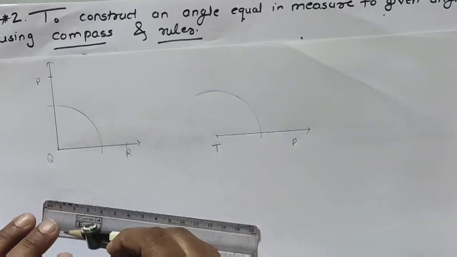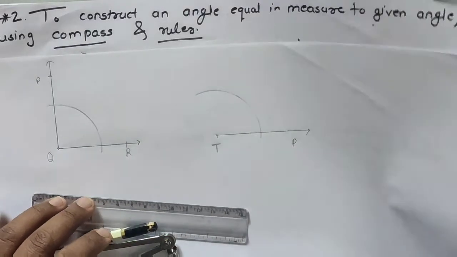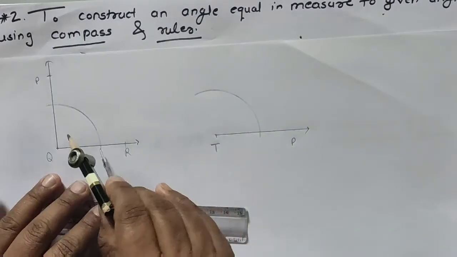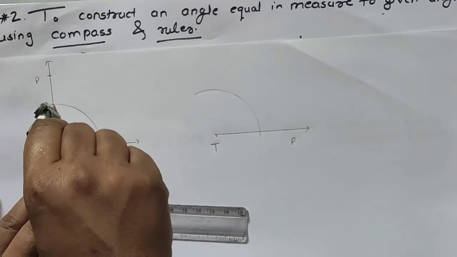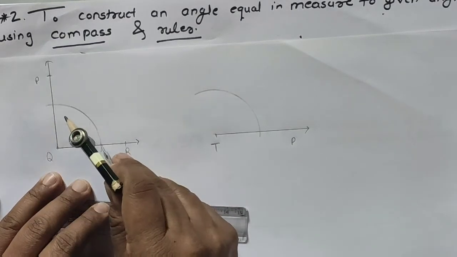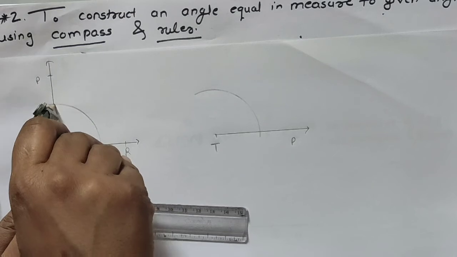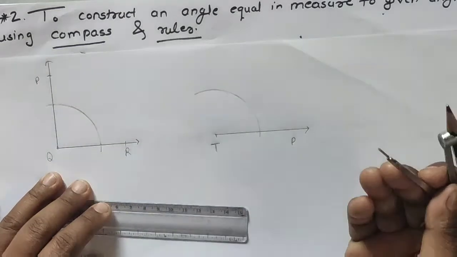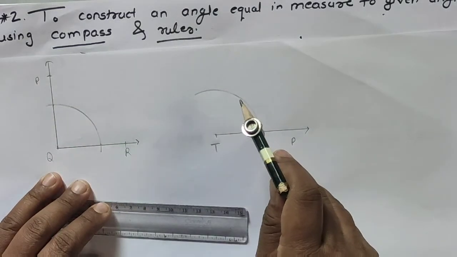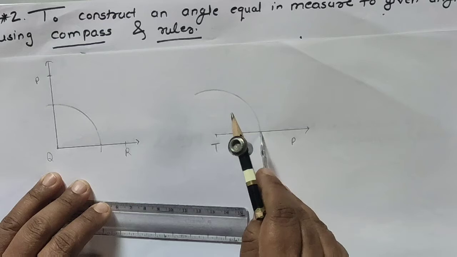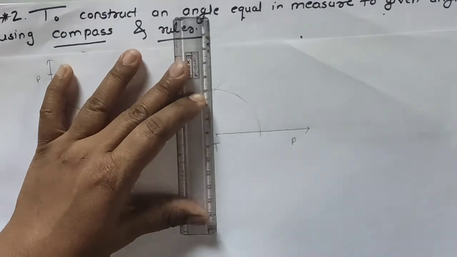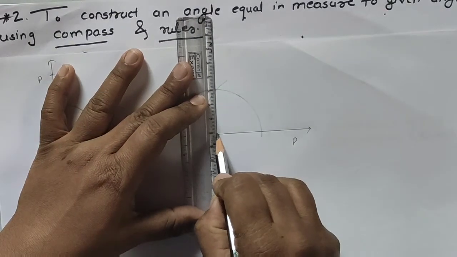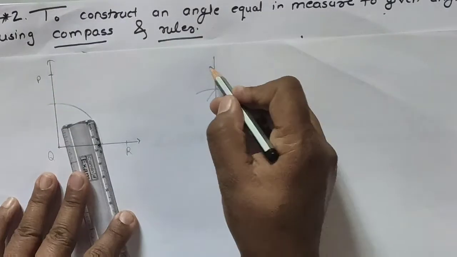Okay, now take the distance of the arc of intersection between the arms in your compass, put the metal point on the point of the arc, and draw the line passing through this point of intersection and this point.